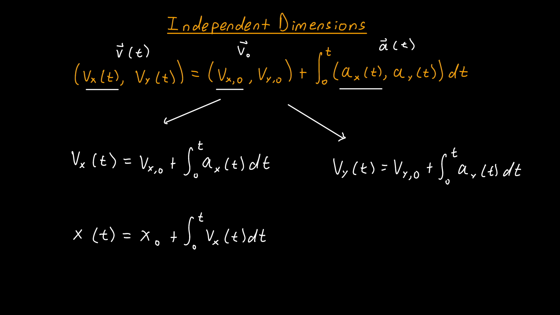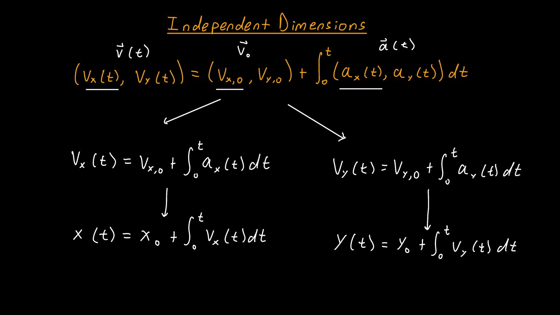And that's just through the perfectly analogous process to what we just did, going from acceleration to velocity. You can do that again and go from velocity to position. And so the y component of position in this case will be y of t equals y0 plus the integral from 0 to t of vy of t dt. So that comes from these respective equations.